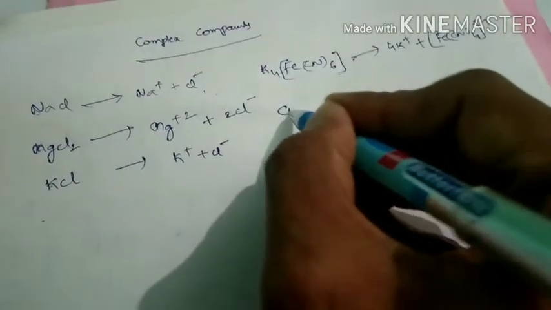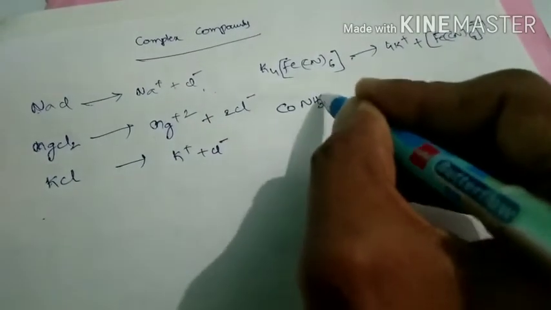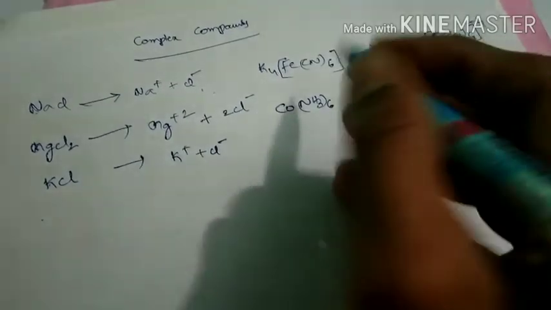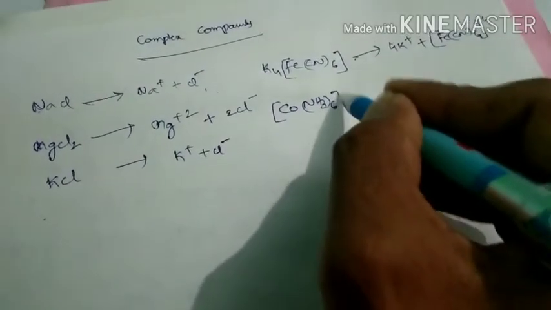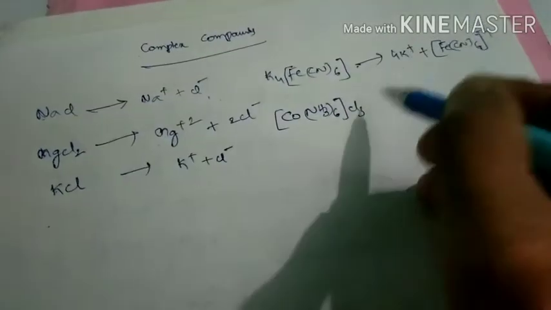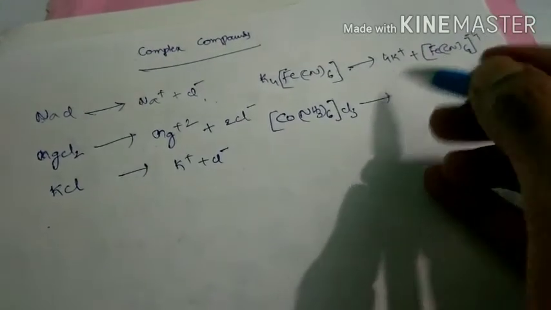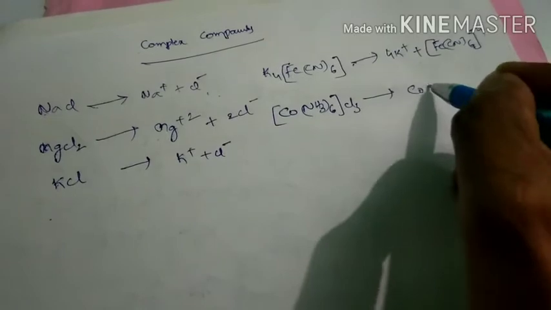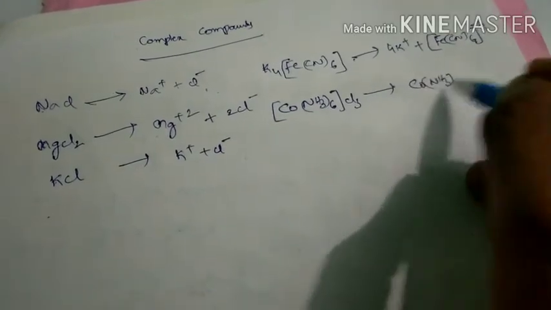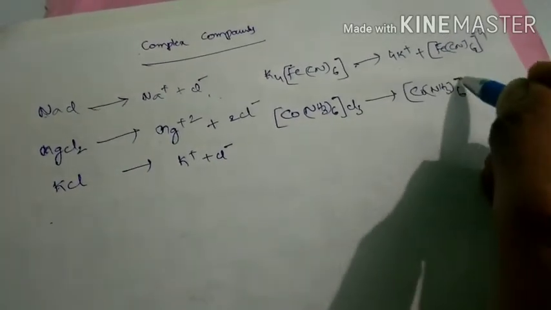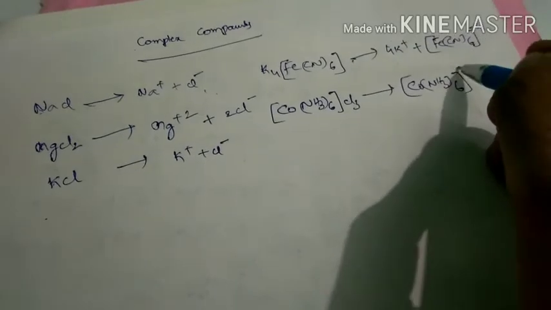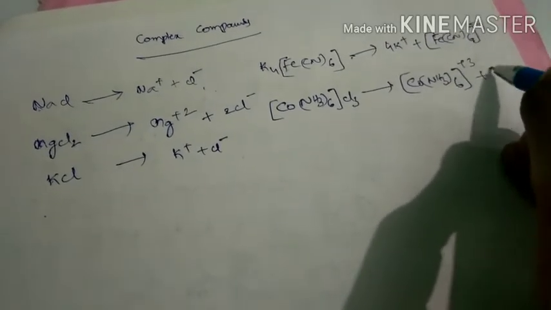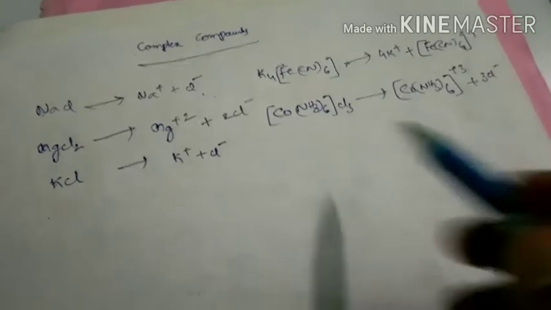And one more example, when you take this compound [Co(NH3)6]Cl3, then we get [Co(NH3)6] plus 3 plus 3Cl minus.